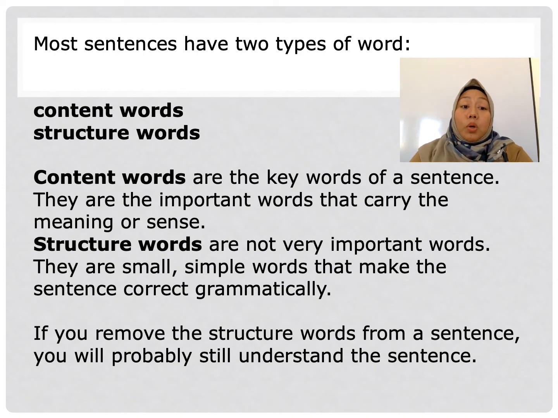Most sentences have two types of words: content words and structure words. Content words are the key words of a sentence. They are important words that carry the meaning or sense. Structure words are not very important words. They are small, simple words that make the sentence correct grammatically.